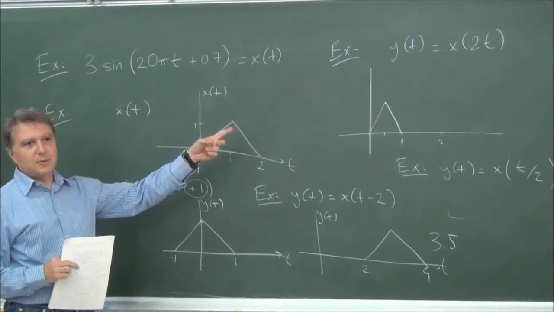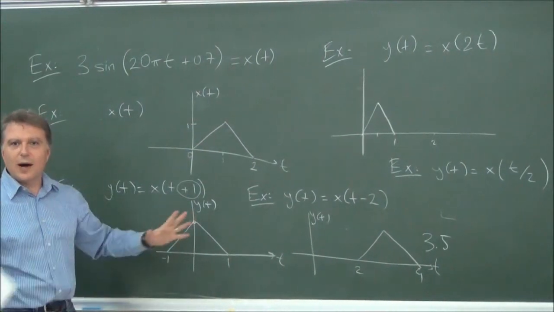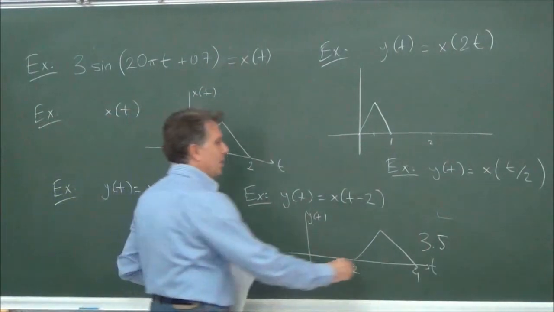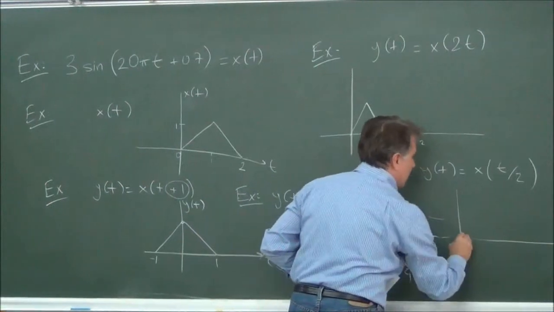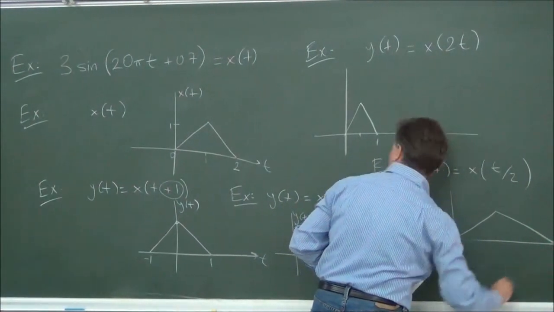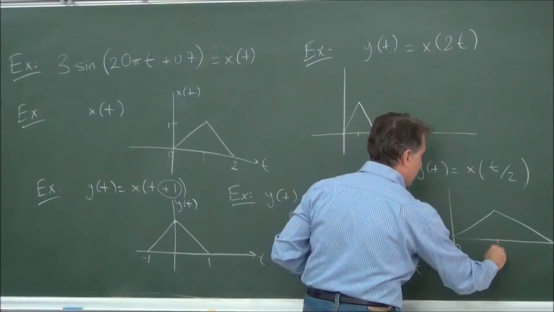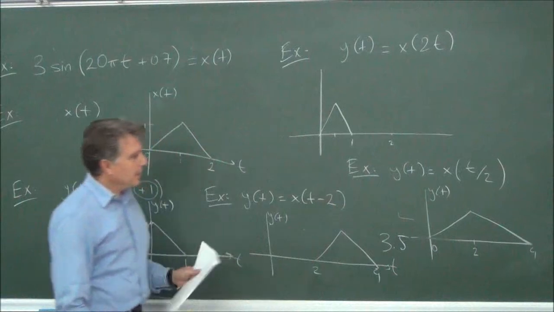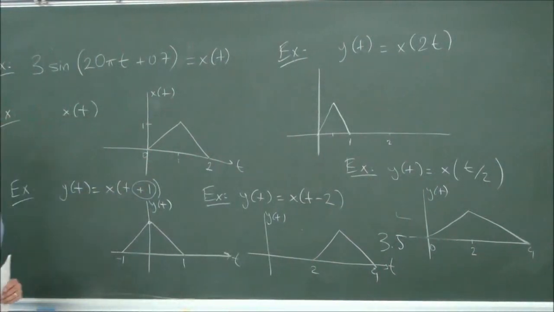From the previous example, you may immediately deduce that it must be wider, and it must be twice wider, of course. So it will be from 0 to 4. And it will be 2, like this. That is the new y of t.